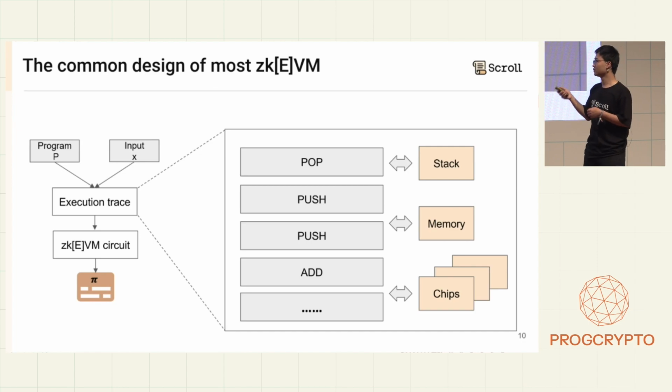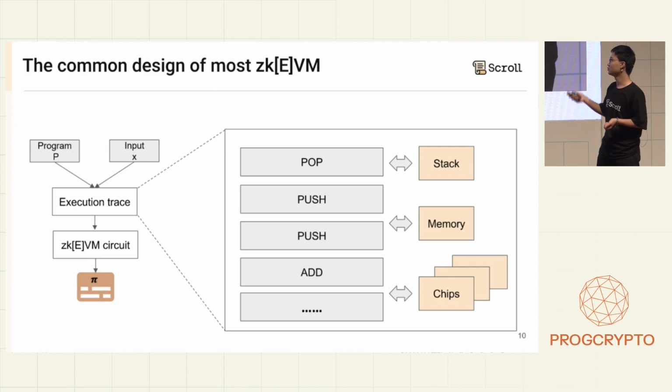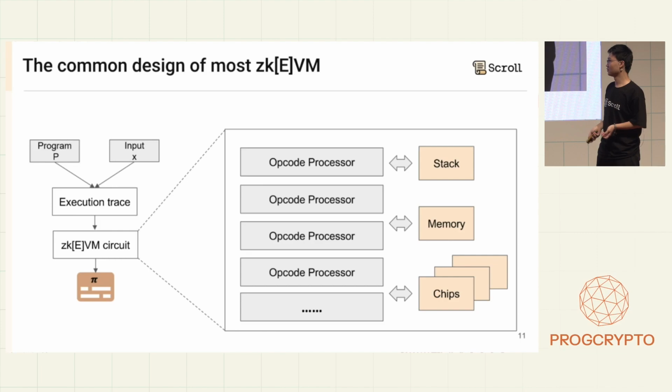Now within this virtual machine circuit, you need to prove that this trace is valid and consistent, for example that push and pop are consistent within the same stack operation. So the idea is that you can build a universal circuit. In each slot there is a component called an opcode processor, which can process the logic of different opcodes.